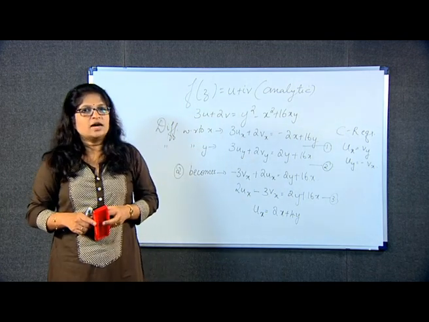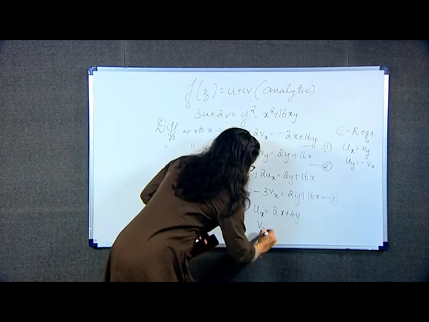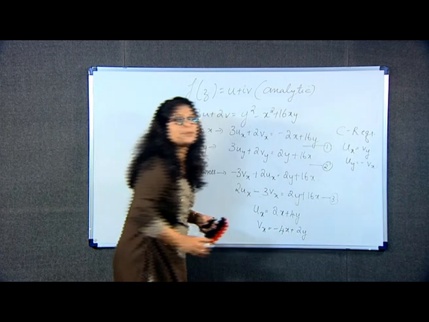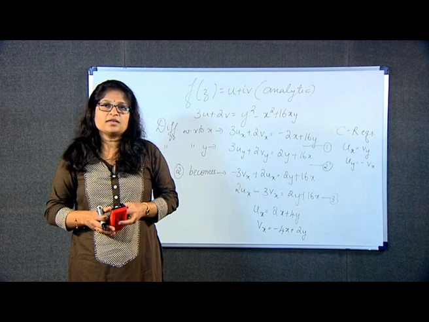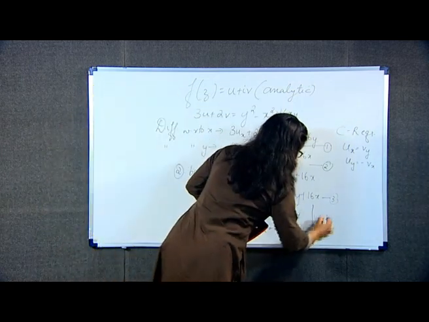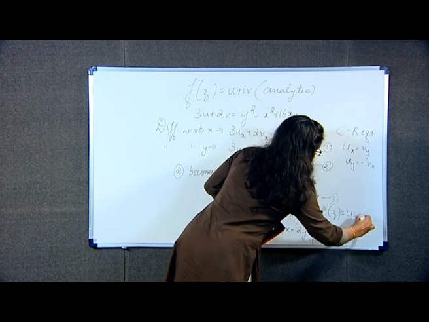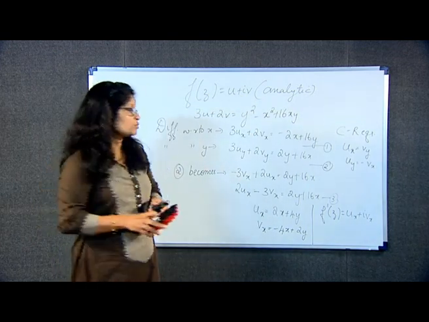I get vx as minus 4x plus 2y. So I now got my ux and vx, and now you know your f dash z is ux plus i vx. You have to just write it together.